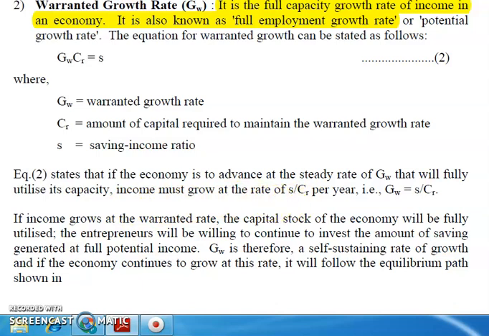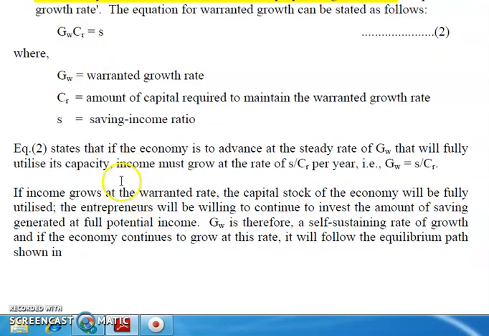That is, GW equals S by CR. That is our GW equation.